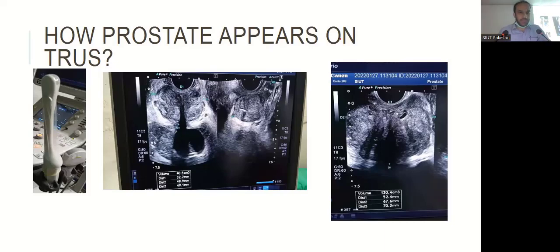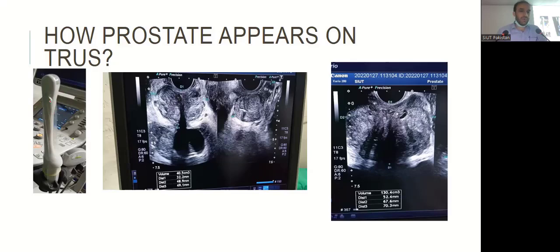How does the prostate appear on TRUS, how do we do the TRUS, and how do we evaluate the prostate with the help of transrectal ultrasonography. First of all, we will take the patient in the left lateral position, and this is the TRUS probe.